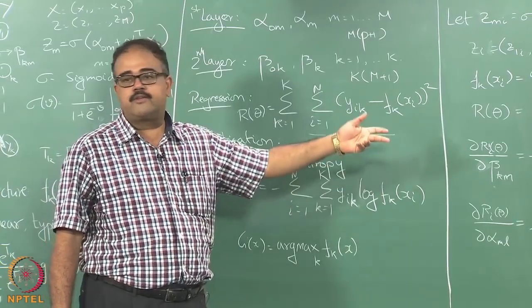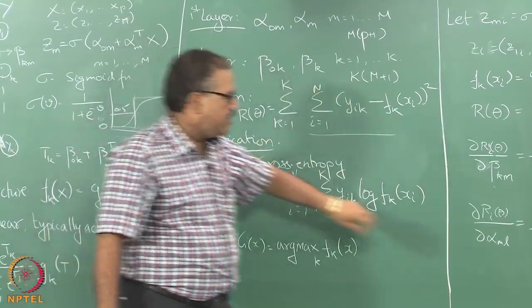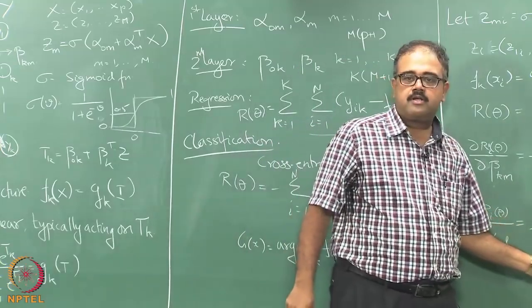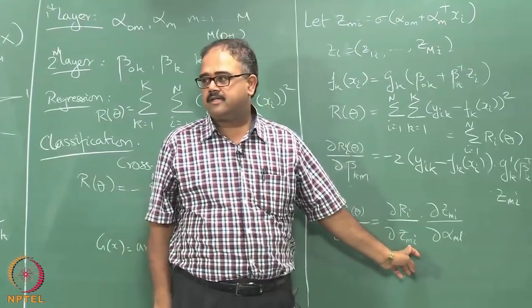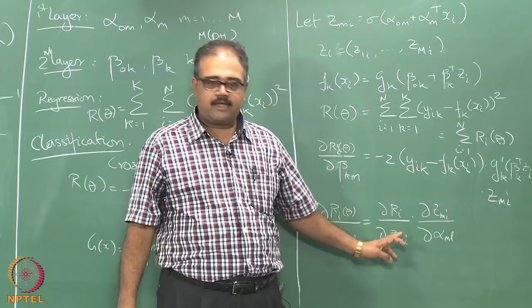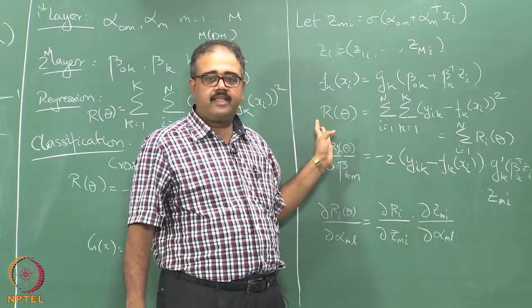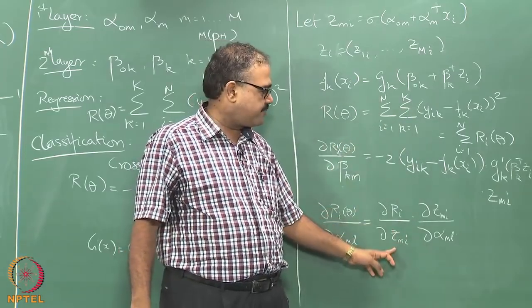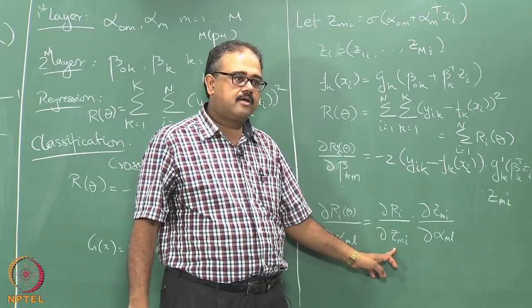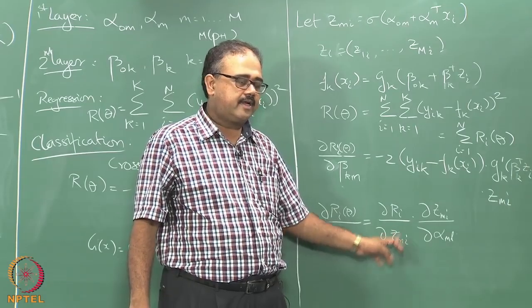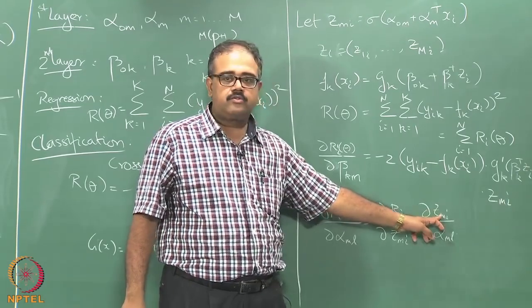I am just using the chain rule. Alpha is going to affect the output of the hidden layer, and the output of the hidden layer is obviously going to affect the error. So I am going to chain it through the output of the hidden layer.